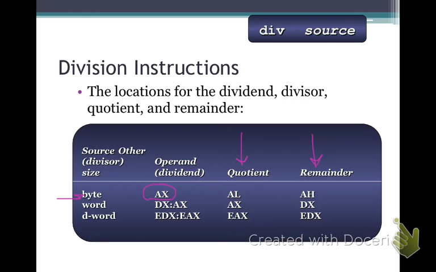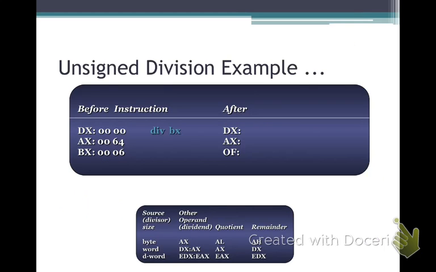So in doing a division, I am overriding the dividend every time. It's going to get overwritten by remainder and quotient. Okay? If my divisor is word, then my dividend is in DX:AX, so the quotient is going to be AX, remainder in DX, and so on. Okay? So, not too bad.